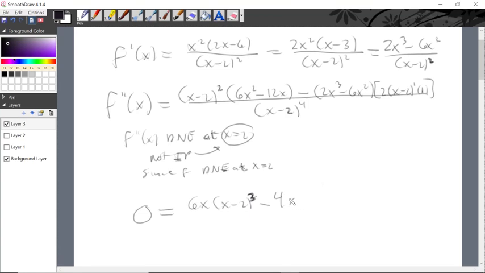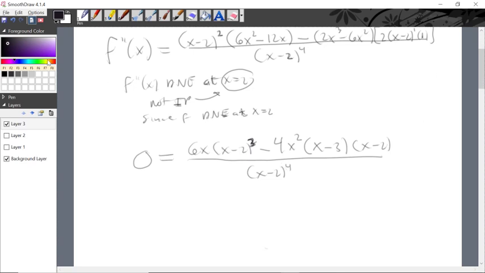So I'm going to take out a 4x squared. Taking out a 2x squared from here would leave us with an x minus 3, and then we also have x minus 2 from here. The denominator is x minus 2 to the 4th. So I see we have a shared factor of x minus 2. We have 3 of them here, we have 1 of them here, we have 4 of them here. So I'm going to cancel out a single instance of x minus 2. So we have now 6x times x minus 2 squared minus 4x squared times x minus 3 over x minus 2 to the fourth.